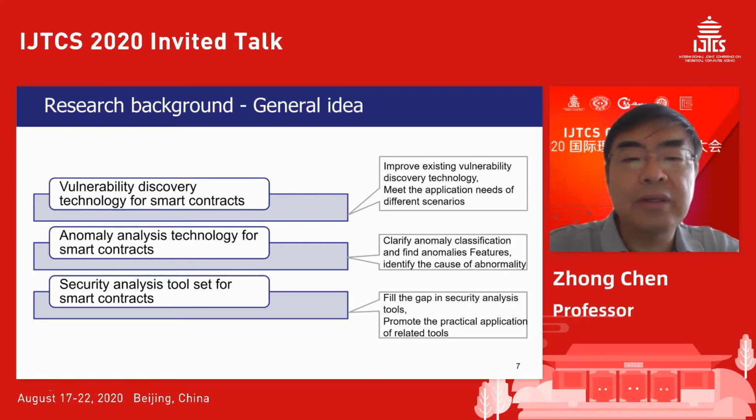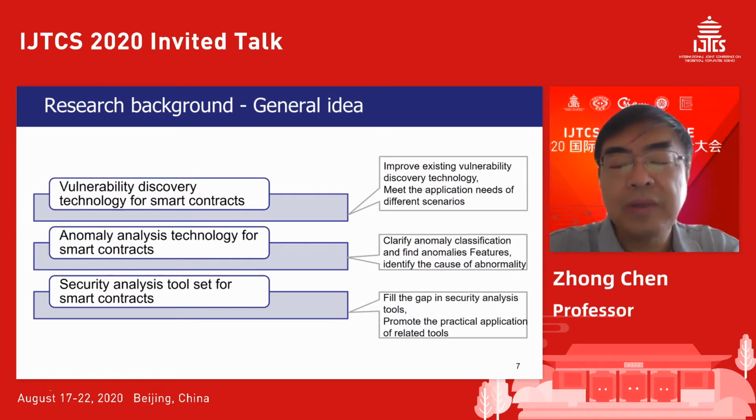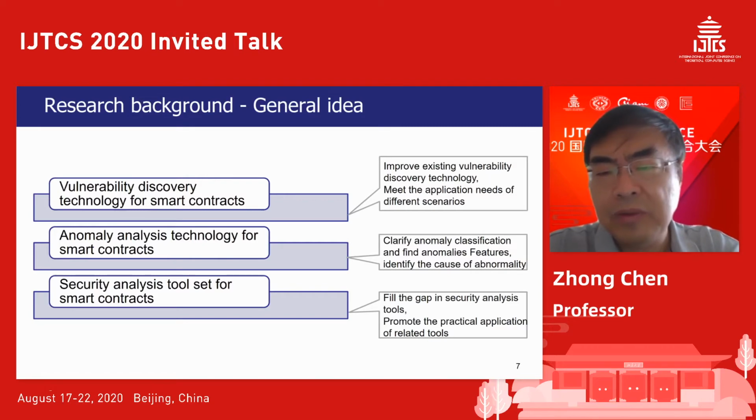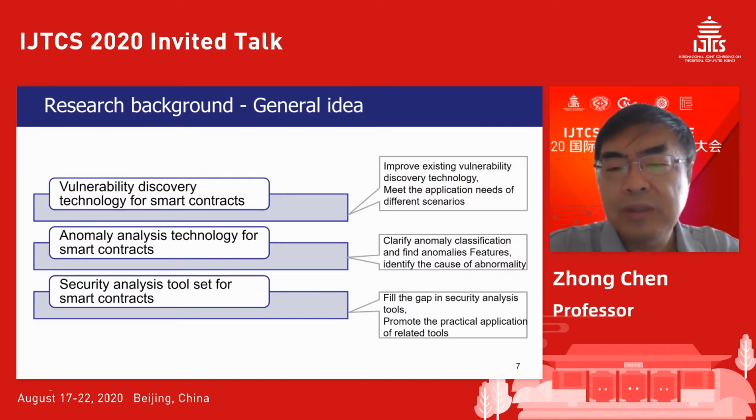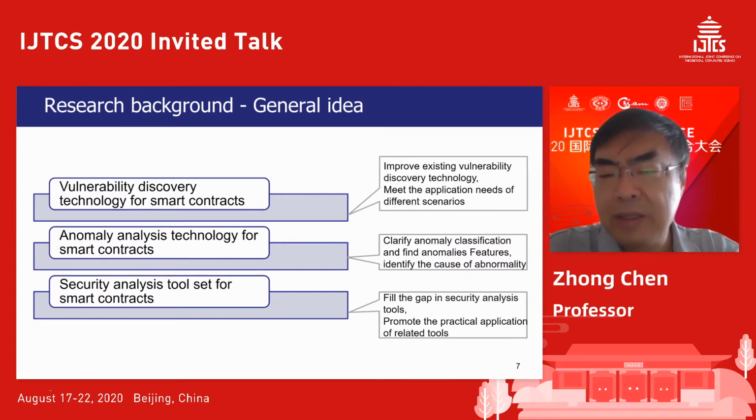One is vulnerability discovery technology for smart contracts, which deals with how to improve existing vulnerability discovery technology to meet the needs of different application scenarios. The other part is anomaly analysis technology for smart contracts, which clarifies anomaly classification, finds anomaly features and identifies the causes of anomalies, which is also quite important.